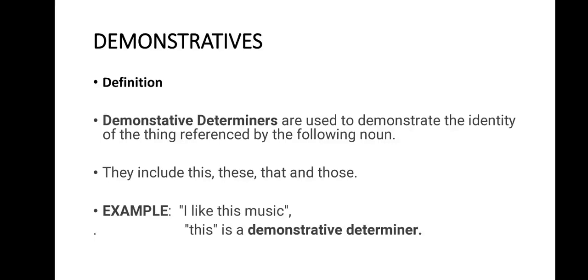And as the example says, I like this music. So the usage of the word this shows that it's a demonstrative determiner. You are particularly saying I like this music. You are identifying the music here.